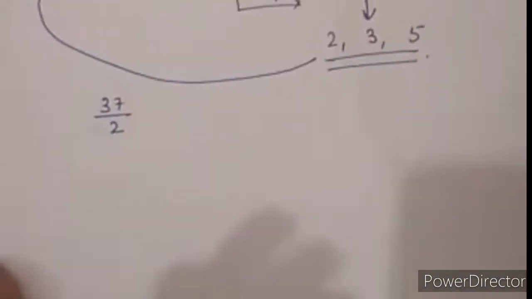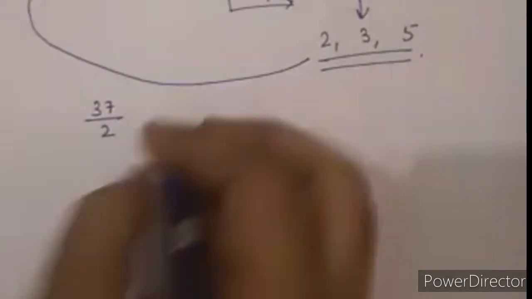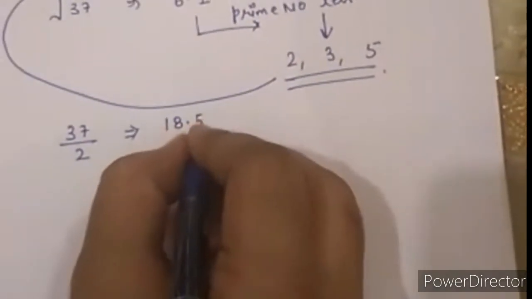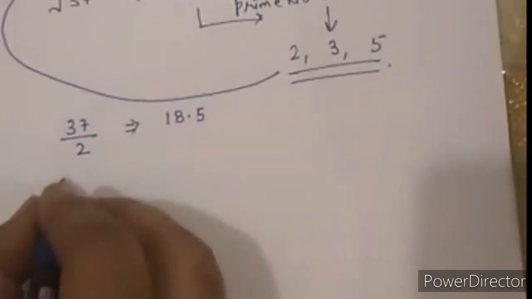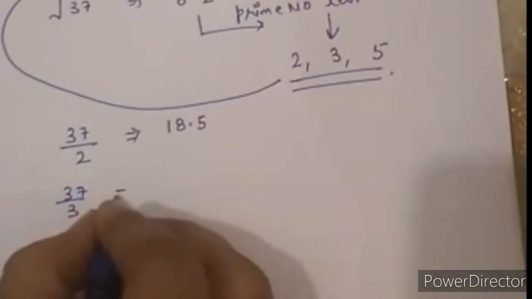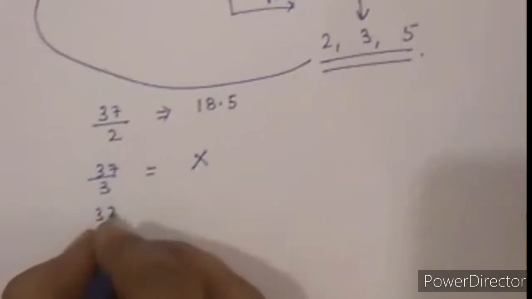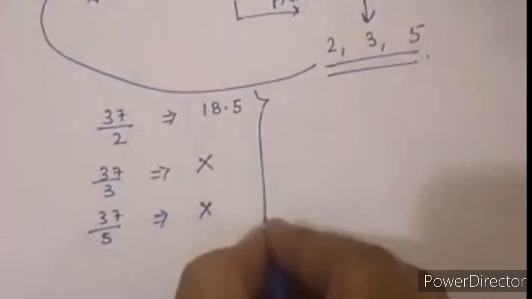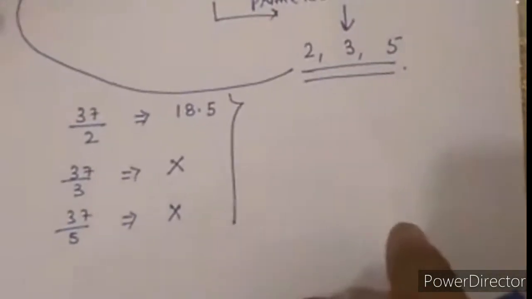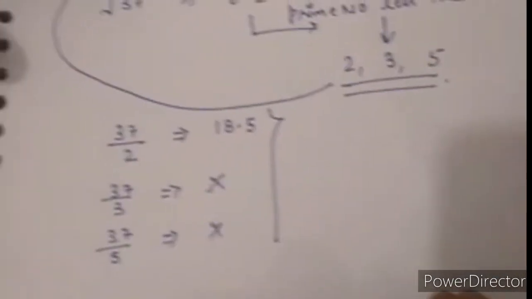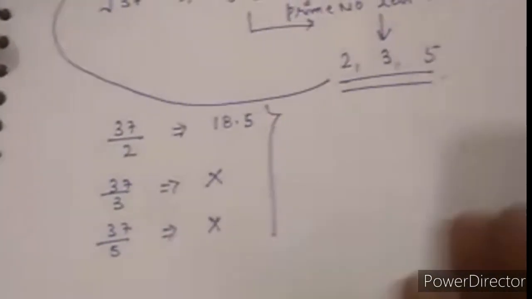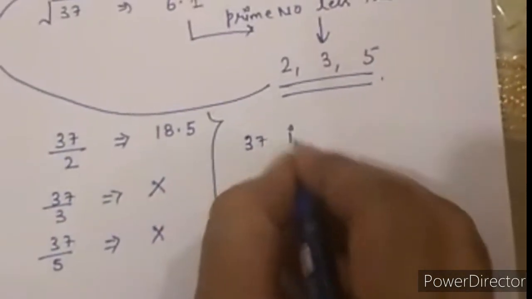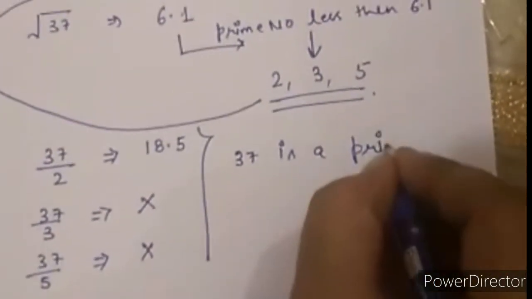Perfectly divisible means it should not leave any remainder. Is it divisible by 2? No, it will give some decimal or remainder. Is 37 divisible by 3? No. Is 37 perfectly divisible by 5? No. So here we can see 37 is not at all divisible by the prime numbers which are less than its square root. Hence 37 is a prime number.